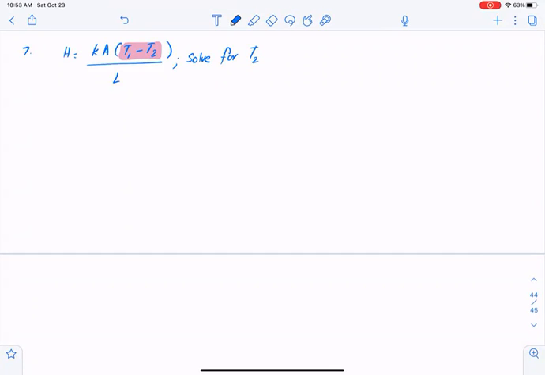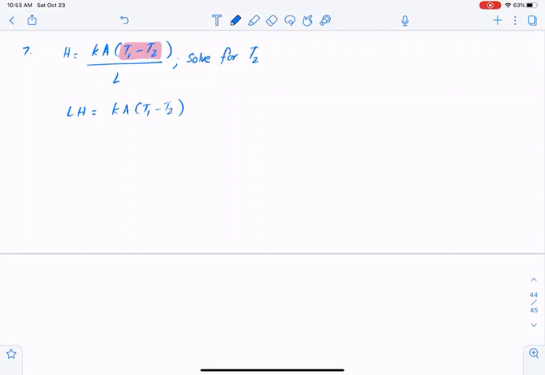So I'm going to multiply by L on both sides. So L times H would be equal to K times A, T1 minus T2, because the L's on the right-hand side will get cancelled because we are multiplying by L on both sides.